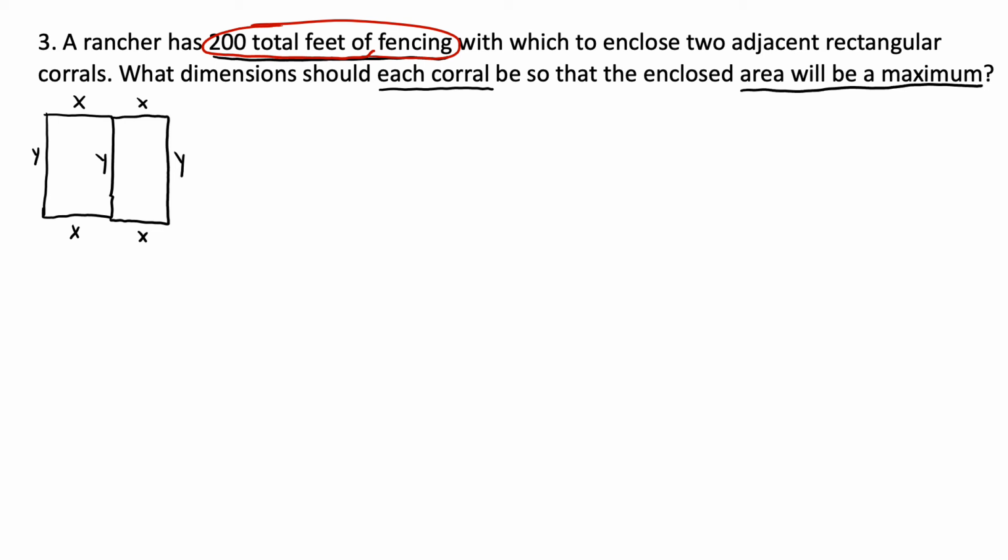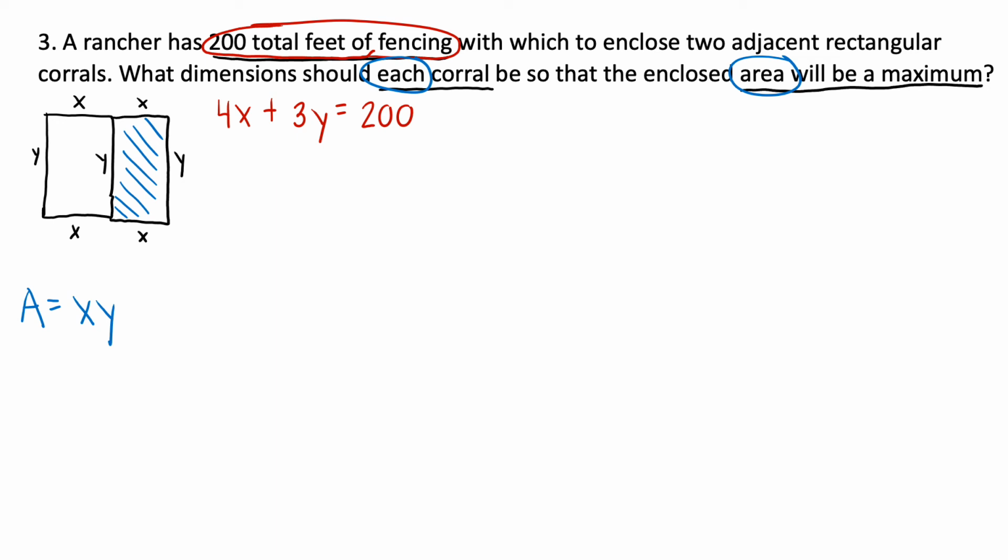So that's going to be our perimeter. So I know that 4 times x plus 3 times y has to equal 200 feet of fencing. And then what I actually want to do is maximize the area of each corral. So just the area of this one. So the area of that one is just x times y, my length times my width.